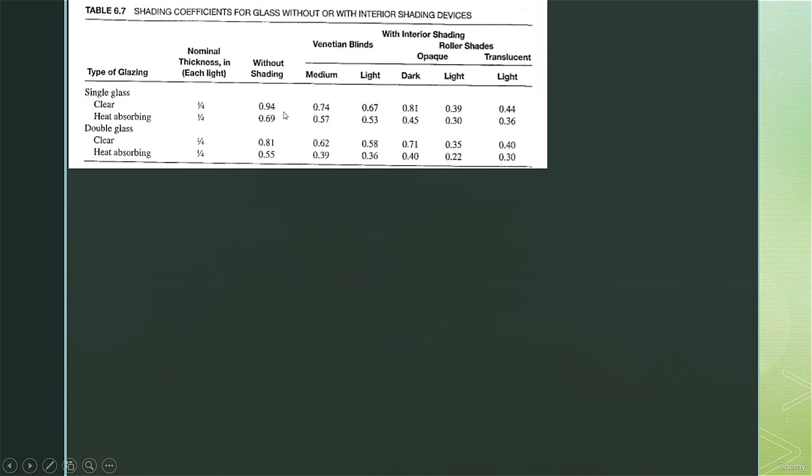You select the SC value from here. And if you use internal shades, then we have two types: Venetian blinds and roller shades. Let's suppose you use a medium Venetian blind, then you can read the value of SC from here.